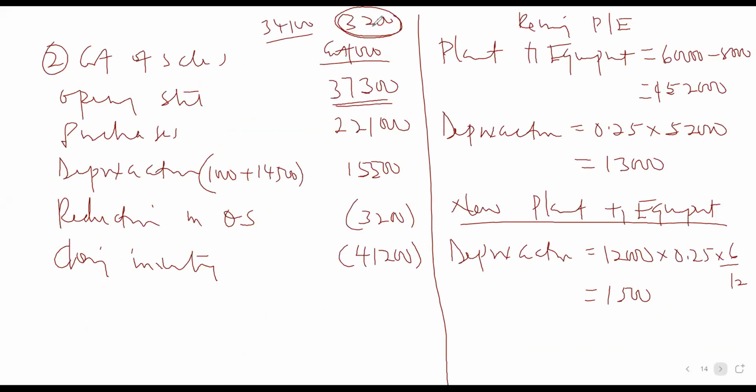Okay, let's pick the cost of sales figure now. We have our 37,300 plus 221,000 plus 15,500 minus 3,200 minus 41,200. I'm getting 229,400.